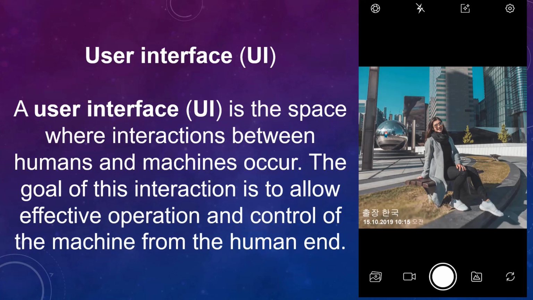In case of user interface, the communication is happening between human and the machine, while in the application interface, the interaction is happening between application and application, or program or software.